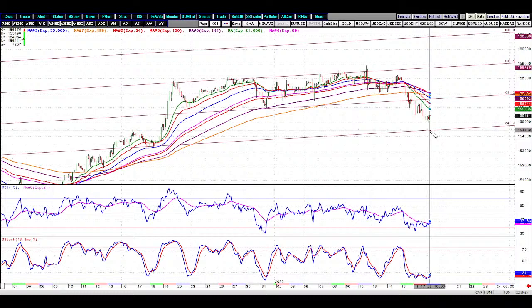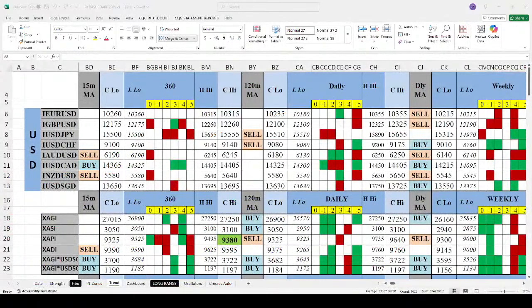Most likely the target we are looking at is 154.50, then the market should start to turn up. So until then we have to go for a cautious sell or cautious buy. This target of 154.50 can also be derived from the system.